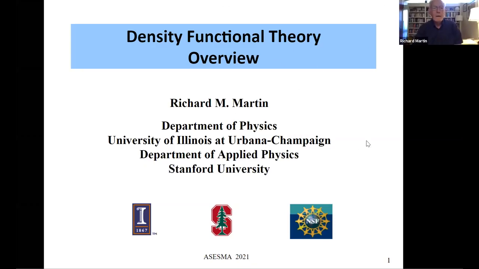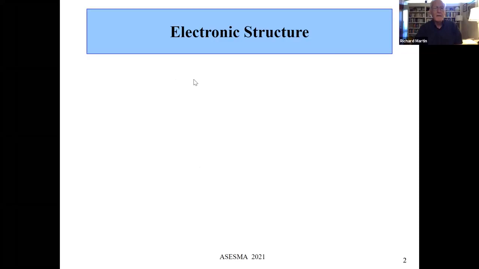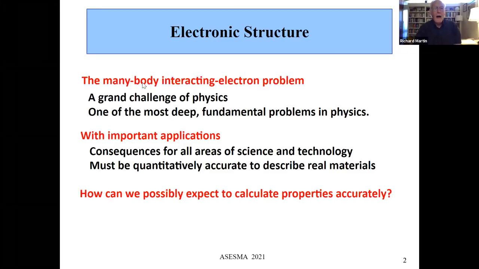Yes, perfect. Okay, so this is an overview of density functional theory, but I'd like to start with the subject of assessment, electronic structure. Electronic structure really is the challenge of a many-body interacting electron problem, one of the great challenges of physics.